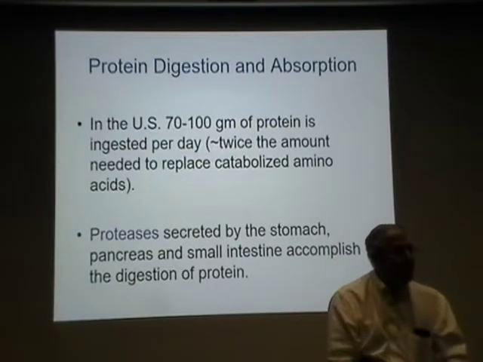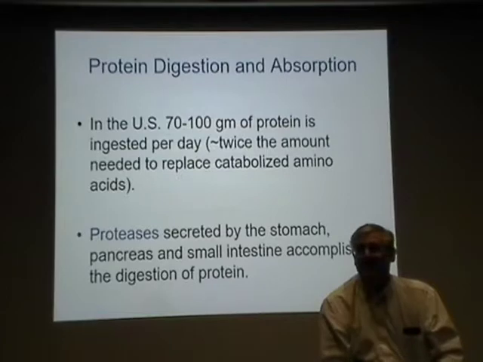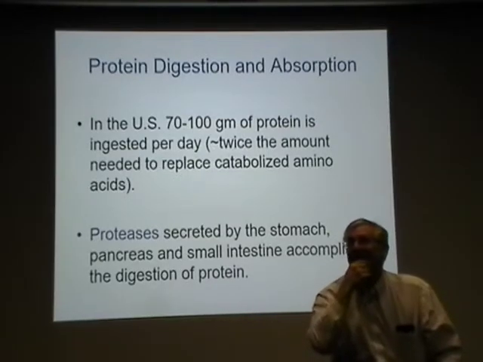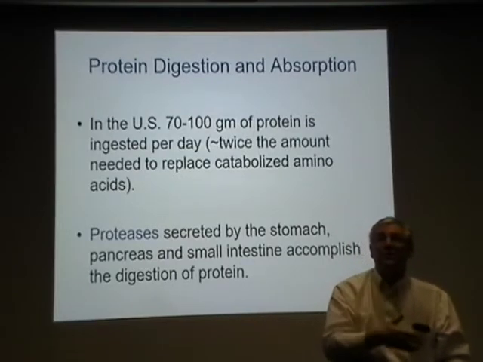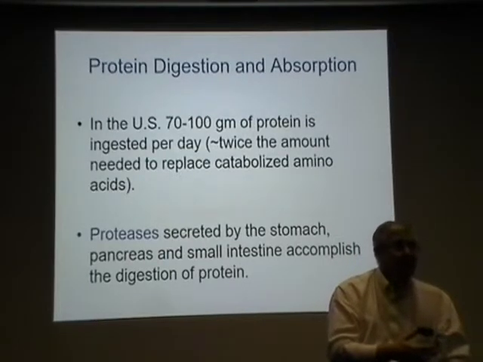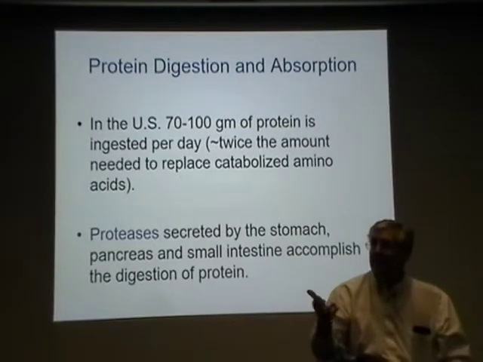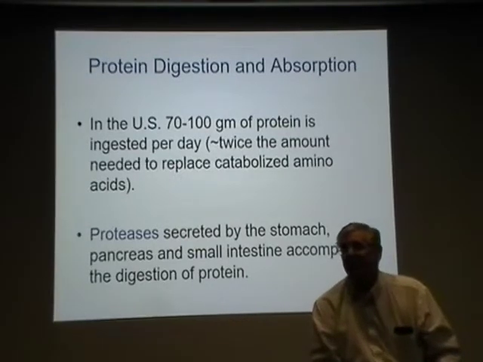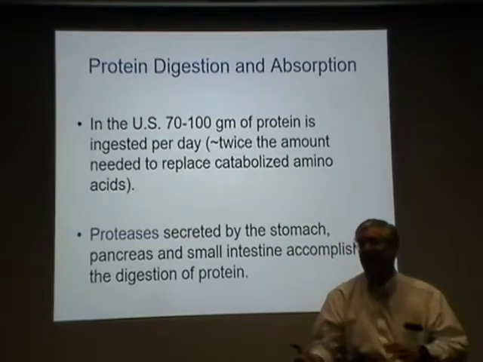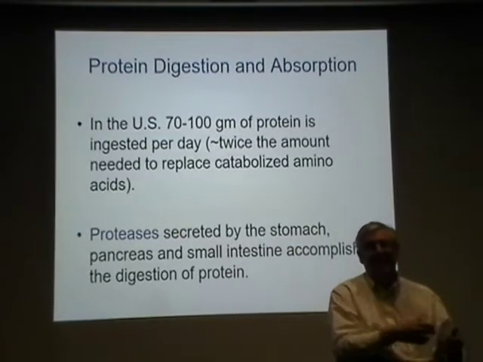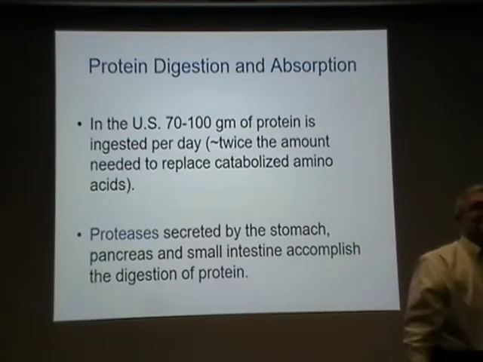Where are you going to get your pyruvate? From glucose. So what's the source of carbon for the synthesis of the non-essential amino acids? Yeah, carbohydrate. So another reason for eating your carbohydrates would be to make the non-essential amino acids.